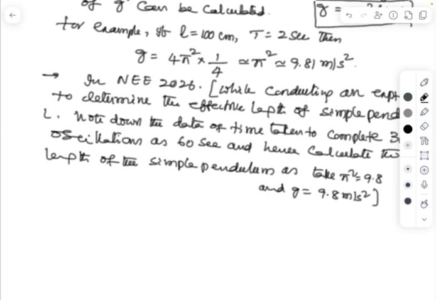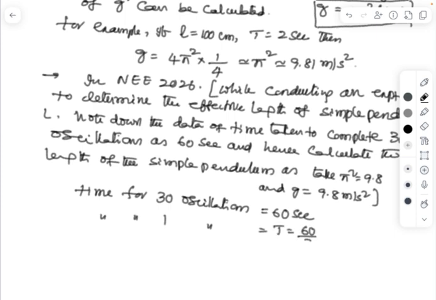Time for 30 oscillations is 60 seconds. Time for one oscillation, capital T, equals 60 by 30 equals 2 seconds.